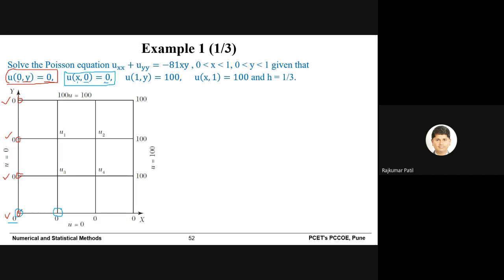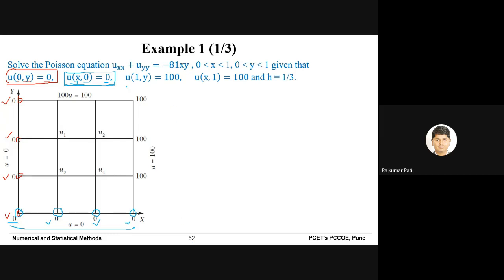Again the value will be 0. Similarly, when x is 2 by 3 and y is 0, you have to take the value of u equal to 0. And when x becomes 1, that is 3 by 3, and y is 0, you will get the value 0. So this is how we utilize equation number 2 to assign the boundary conditions of the mesh, especially at the bottom side.